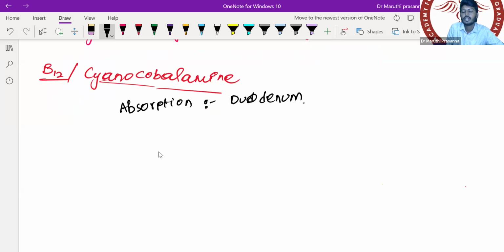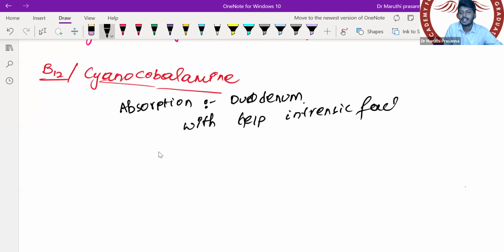If it occurs in the duodenum, with the help of what? With the help of intrinsic factor. From which cell is intrinsic factor produced? From your parietal cells.